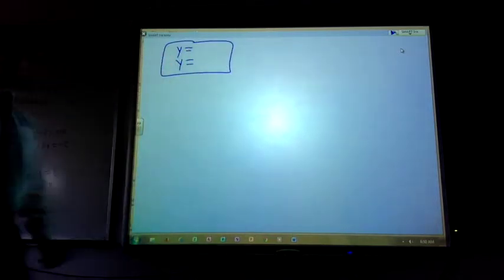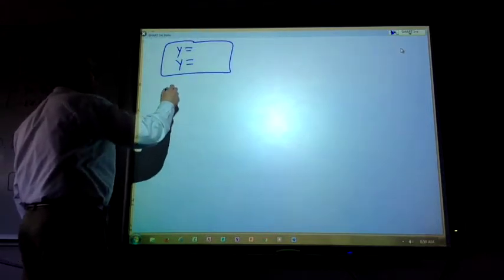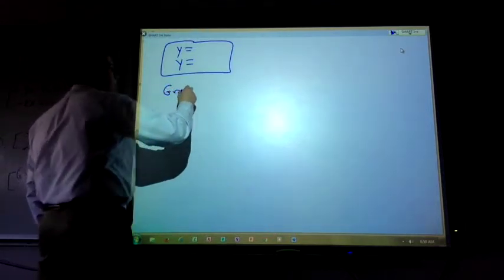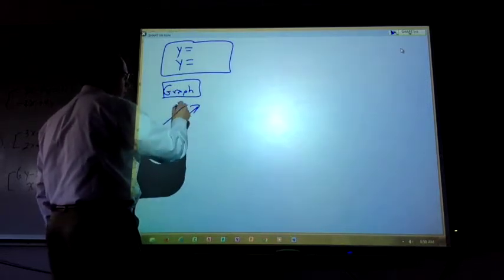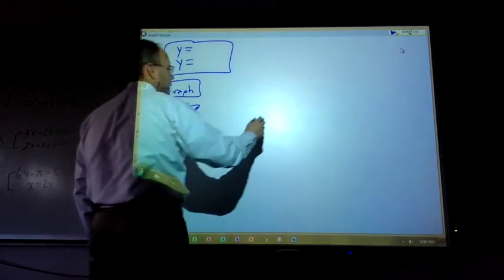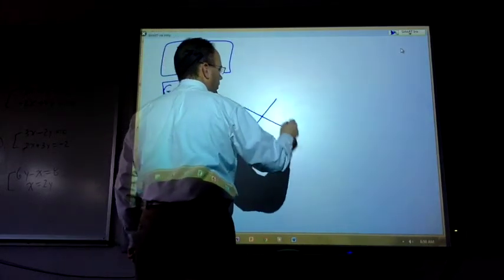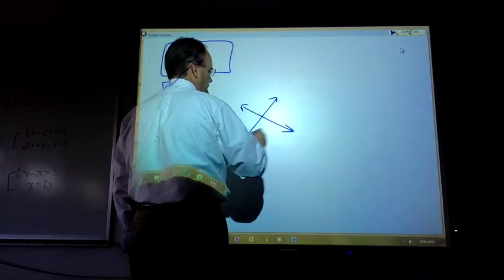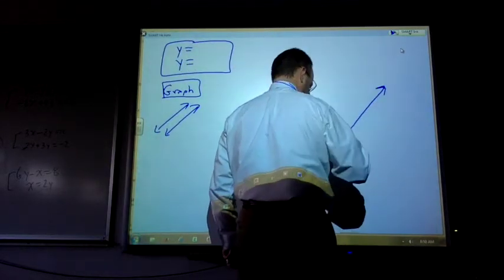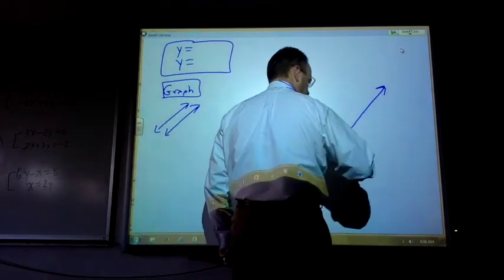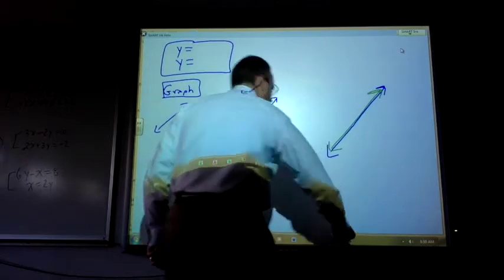So if I had this for a scenario, y equals and y equals, and I graphed it, and my graphing resulted in parallel lines, or in an intersection, or in the same line.